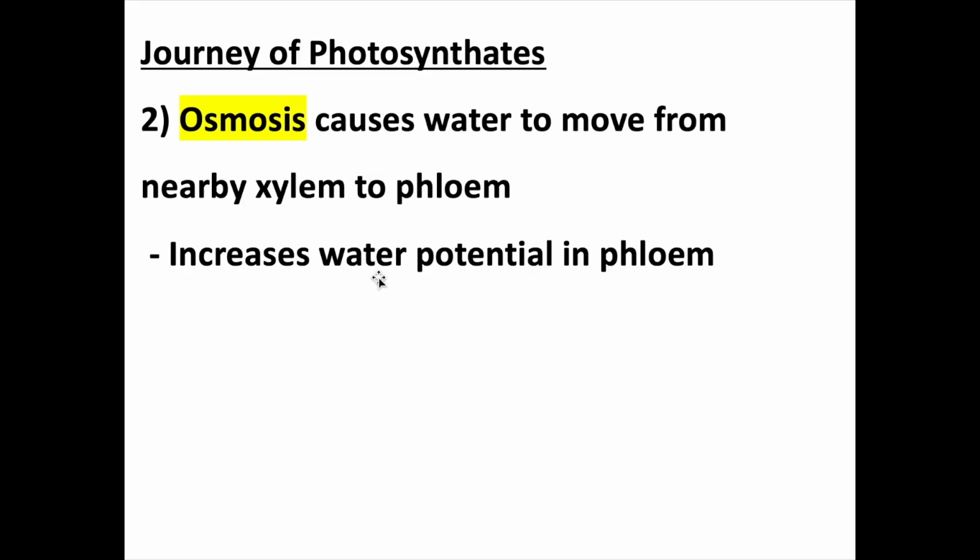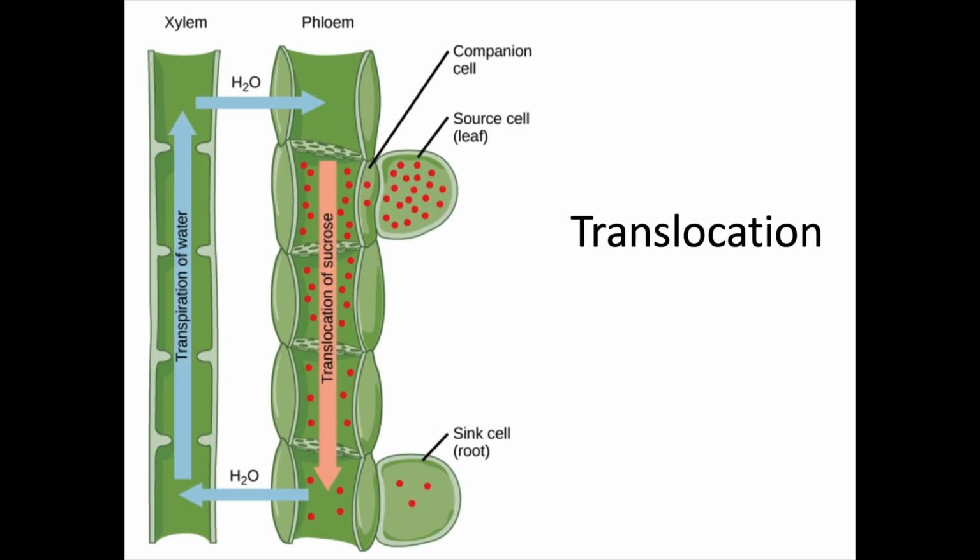And yes, now water potential comes up again. All this water entering the phloem increases the water potential in the phloem. So now we can finish this journey by moving these photosynthates into the sink cells. In this case, it's a root. Why would they do this? Well, these sink cells have low water potential, as we discussed talking about the transport of water.